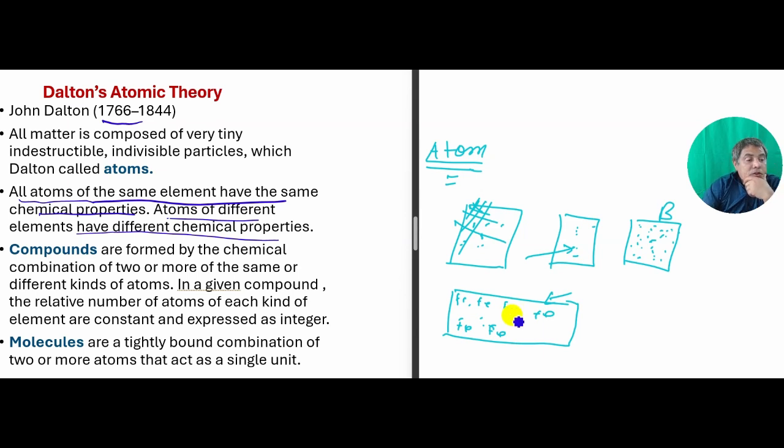Now the other thing he says is about compounds. He says that compounds are formed by the chemical combination of two or more of the same or different kinds of atoms.